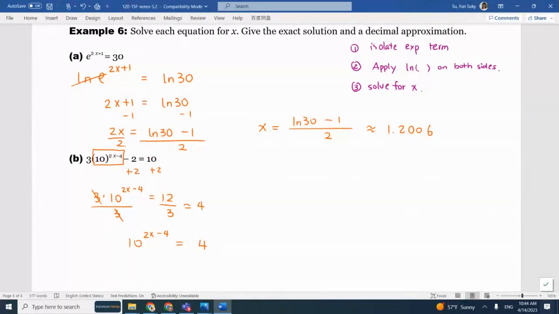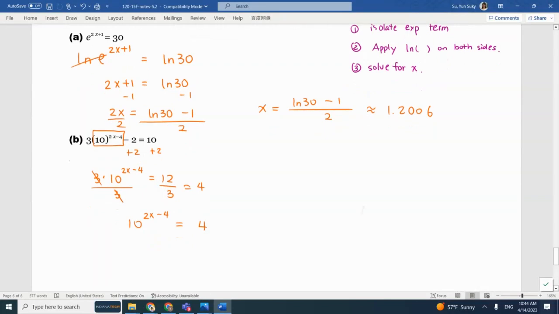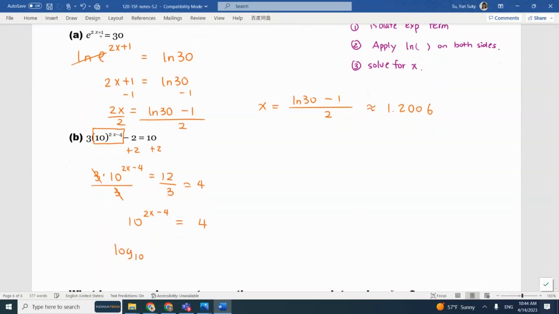Right, everybody? This is an exponential function, but with base 10. Then you apply log base 10 on both sides. Okay, everybody? Apply log base 10 on both sides. Log base 10 of 4.